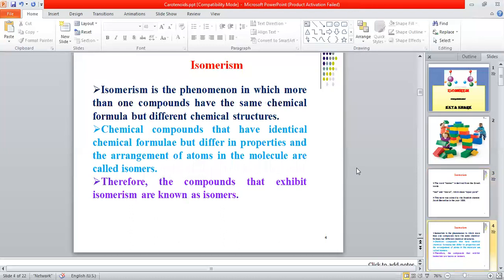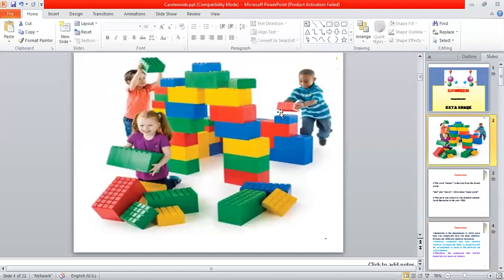Now that we know very well what the term isomerism means, come to the definition. What is isomerism? It is the phenomenon in which more than one compound has the same chemical formula but different chemical structure, as I told you in this slide.